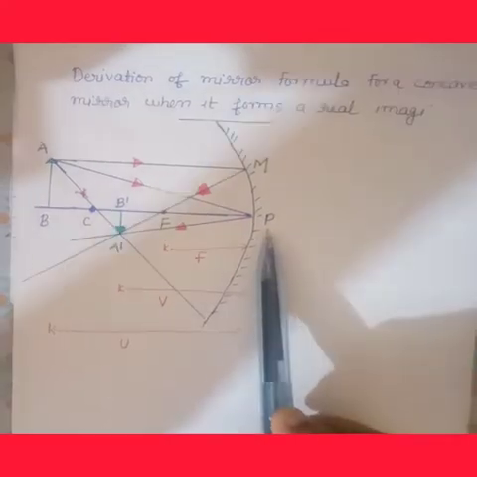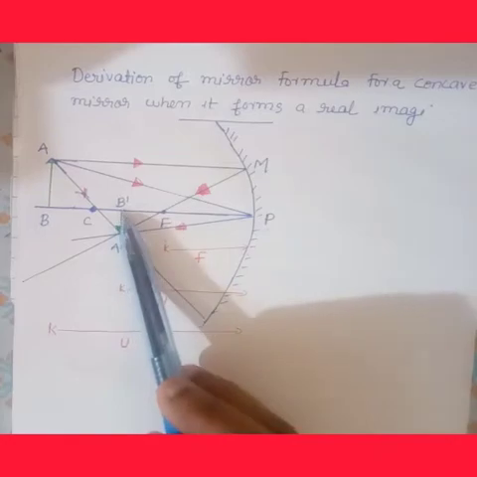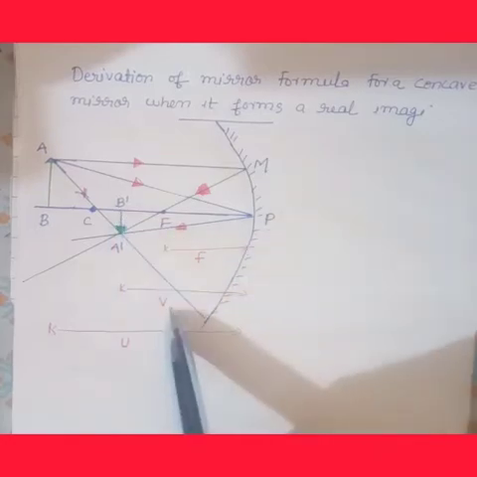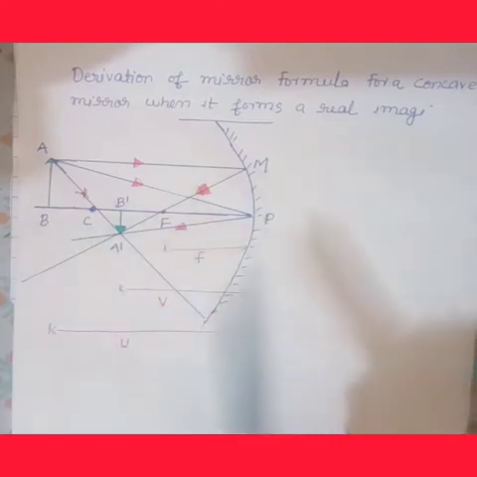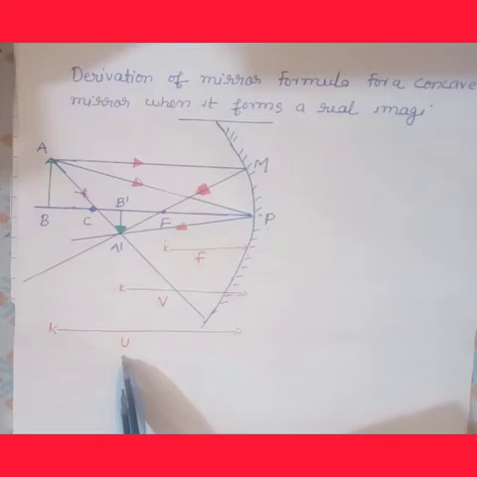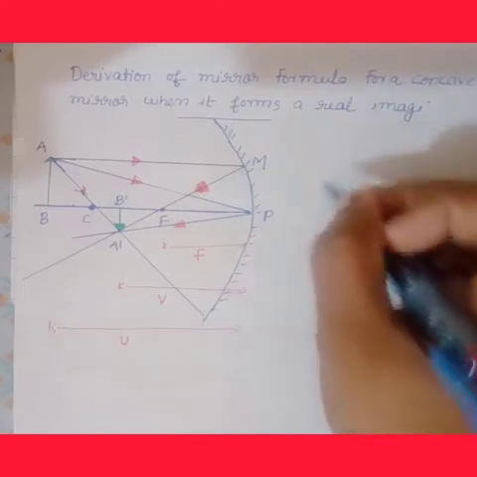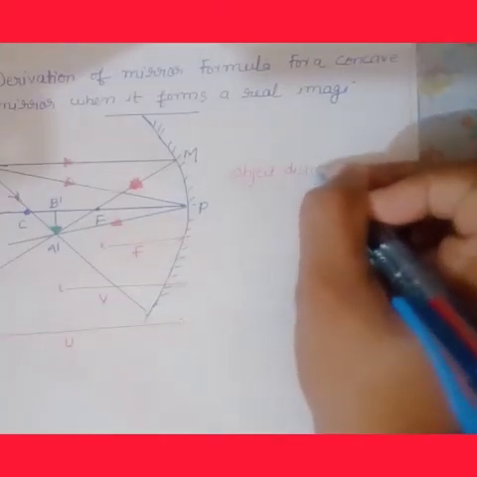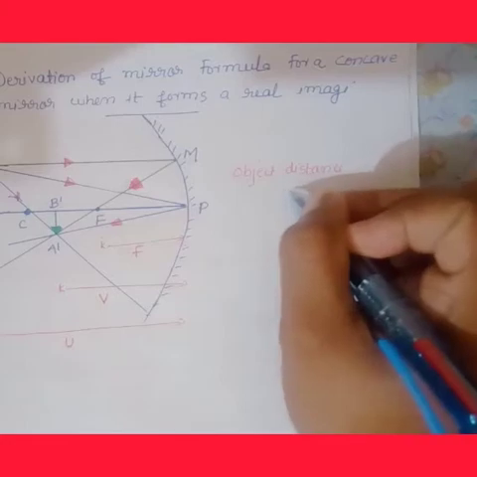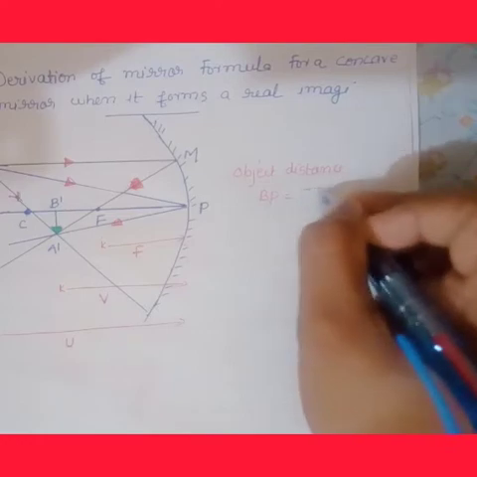Here FP is the focal length. Then B dash P is the image distance v. Then BP is the object distance, denoted by letter u. Using the convention, you have to write the object distance. The object distance is u, so BP is equal to minus u.